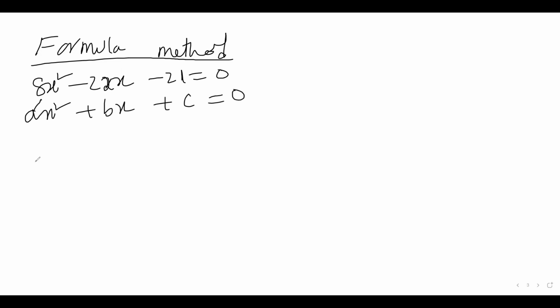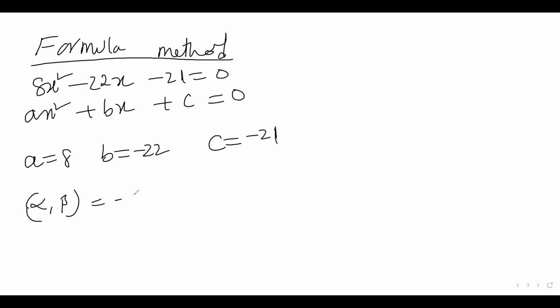A value is 8. B value is minus 22. C value is again minus 21. Got it? Now write down the formula. Formula to find roots is alpha comma beta is equal to minus b plus or minus square root of b square minus 4ac, by 2a.